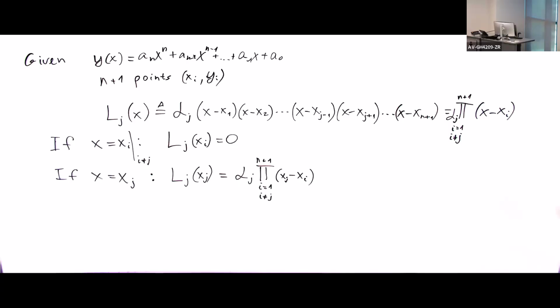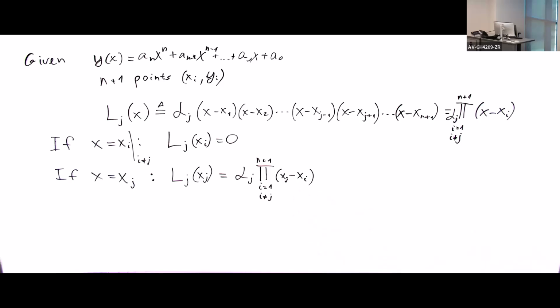Copying the formula, because it will be all of these terms multiplied, for x equal xj. So it will be xj minus x1, xj minus x2, xj minus x_{j-1}, and so on. I'm just substituting xj instead of x, and I get that thing.